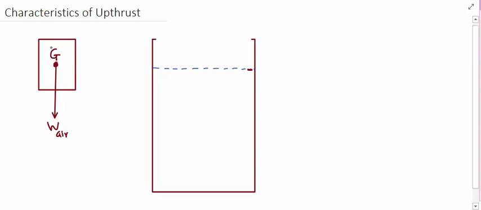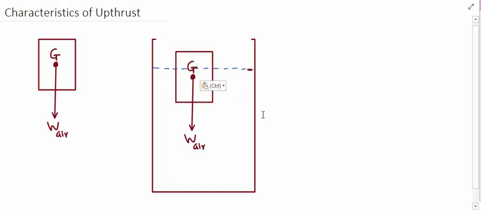Let's see. Let us say we take this object and put it inside water. So now I have the object placed inside water. The weight of the object is passing through the center of gravity as shown over here. Let us identify the immersed volume. I will use a different color to identify the immersed volume.